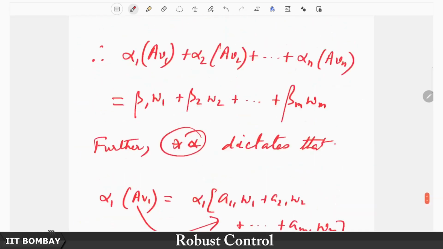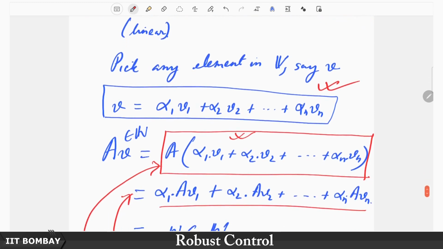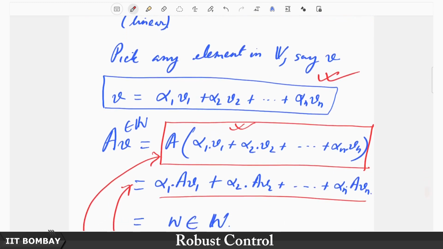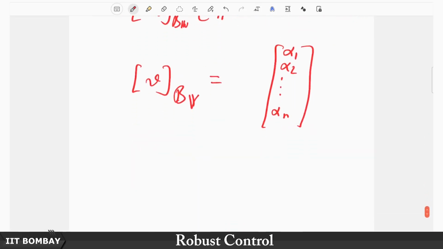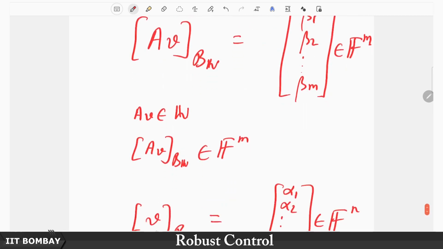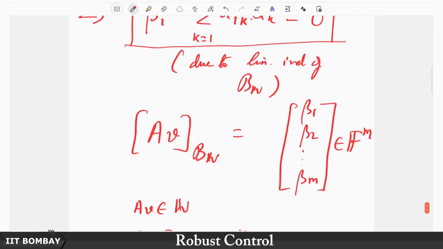Because remember, this representation is subject to an ordered basis BV. So, if I want to get a coordinate representation of this V, this is how I do it. This of course belongs to Fn. So, now it seems very familiar, right.